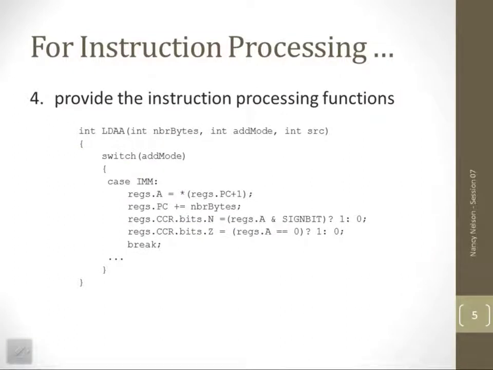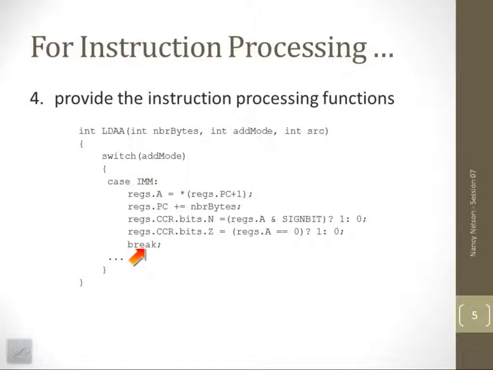The next step is the easy part, because this is where we're going to write the actual functions. So here we can see the function for LDAA. We remember it was required to return an integer. It expected the number of bytes, an addressing mode, and the source. So in here we have a switch that says if the addressing mode is immediate, then we're going to change register A, we're going to change the program counter, and we're going to set the N and Z bits inside the condition code register.